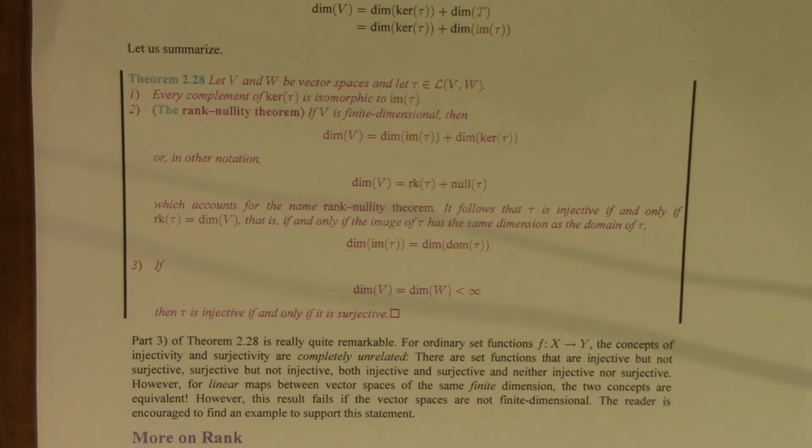For an ordinary set function, say f mapping sets X to Y, the concepts of injectivity and surjectivity are totally unrelated. There are functions, and I'll let you produce examples, set functions that are injective but not surjective, surjective but not injective, both injective and surjective, and neither injective nor surjective. All the possibilities can occur.